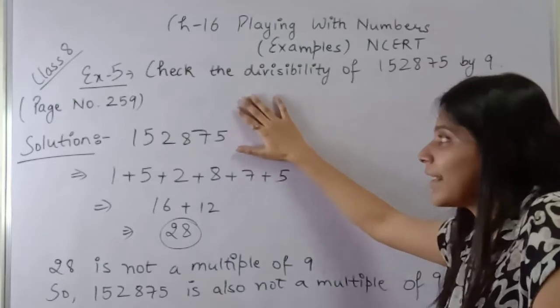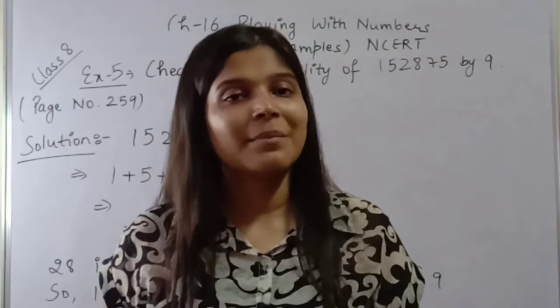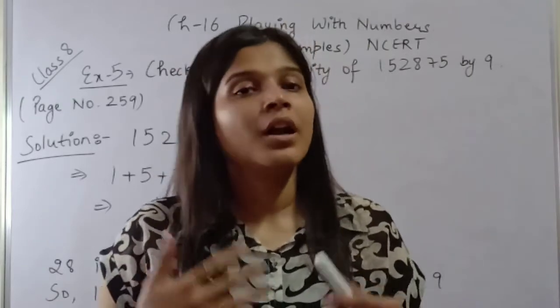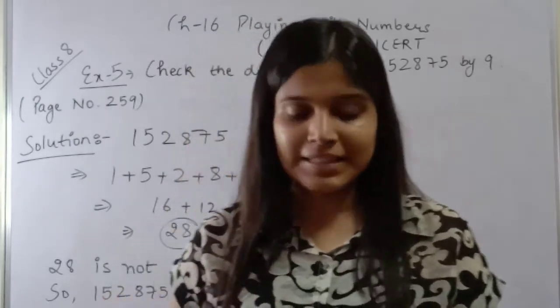So this was our example number 5. Example number 4 and 5 were similar. दोनों में हमें we need to check the divisibility for number 9, right? Coming to example number 6 now.